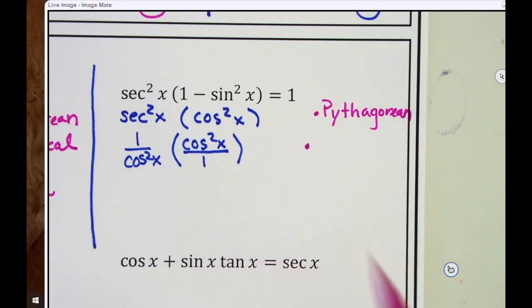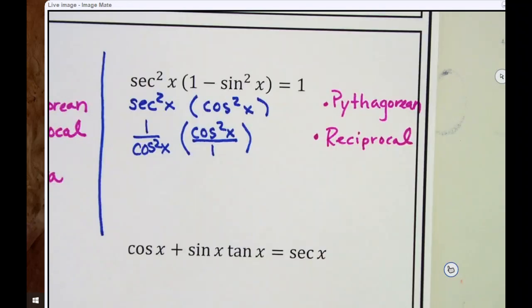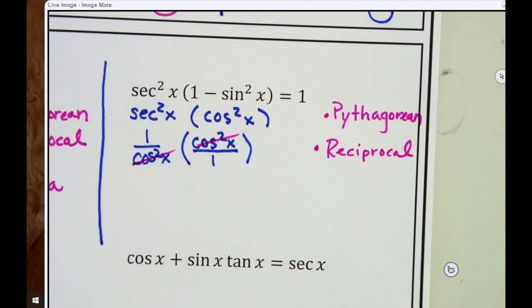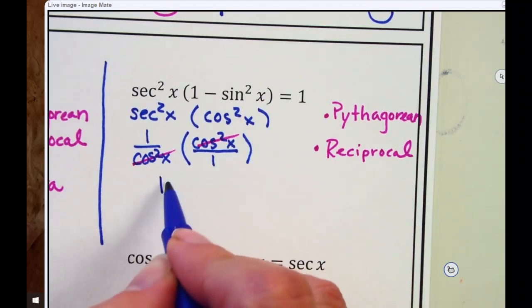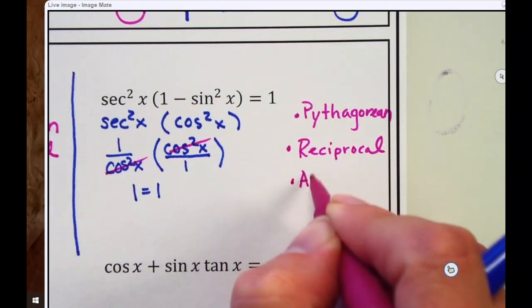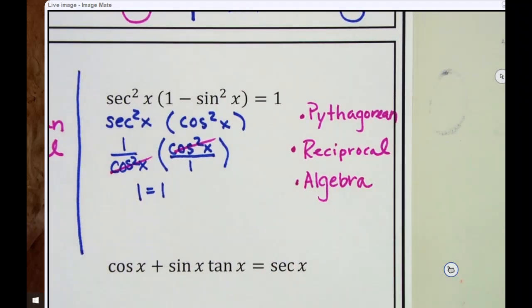That was the reciprocal, good. Then we're going to cancel. We're left with 1 equals 1. Why? We used algebra. Those were pretty friendly. And the next ones kind of grow in intensity. Of course they do, right?